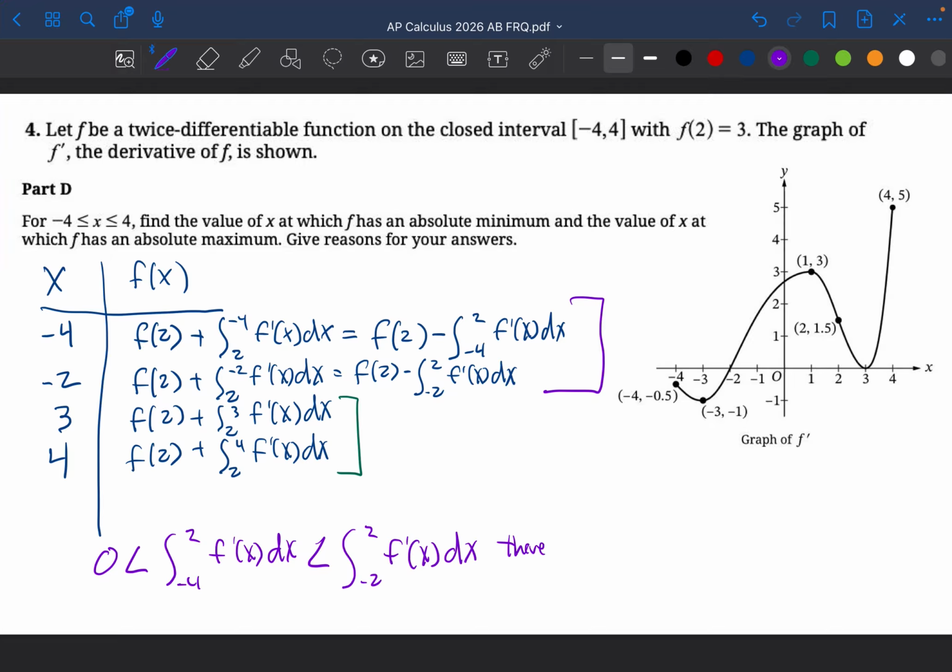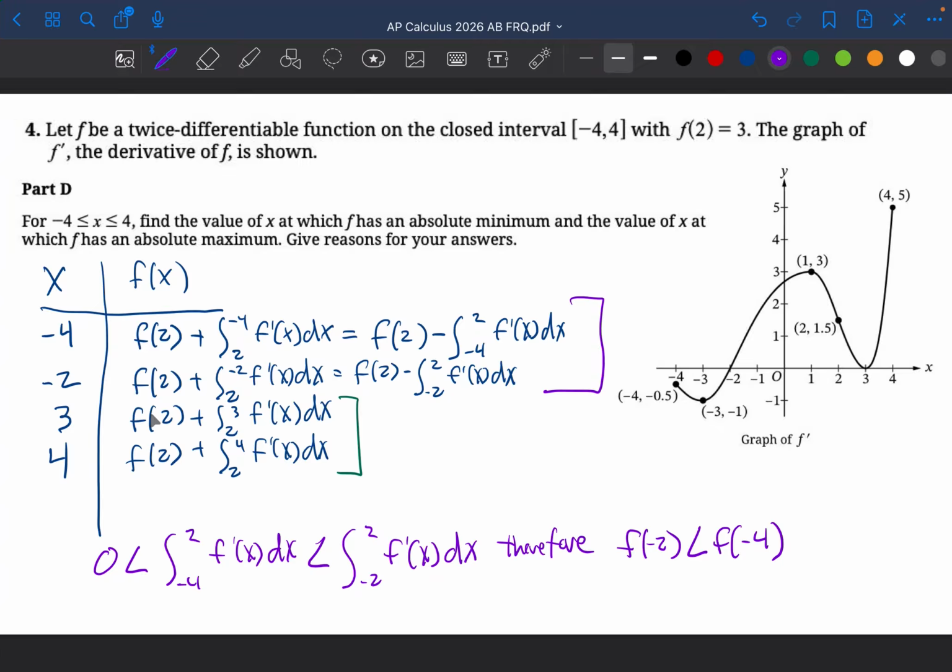Therefore, which one is smaller? Well, that means which is the bigger number? This one. I'm subtracting this one. So therefore, f of -2 is less than f of -4. So this one is the smaller number.